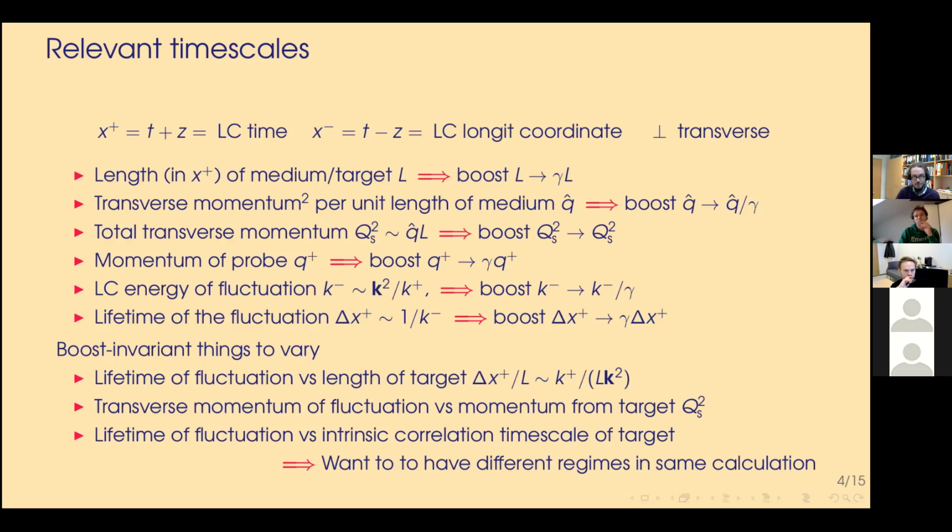That's a quantum fluctuation in the state of your particle. Then there's the lifetime of this fluctuation, which is the inverse of its energy, 1 over K minus. If you boost, it will be in a frame where it moves with higher energy, and the lifetime will be longer. Of course, most of these things individually are not boost invariant.